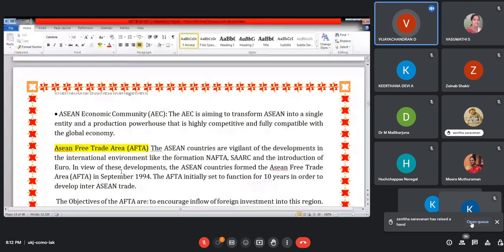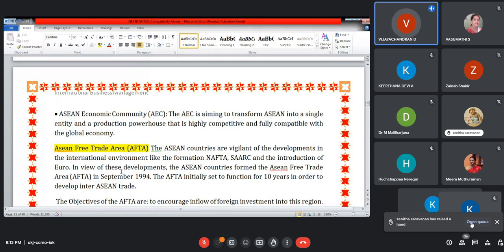What is that? ASEAN Economic Community, AEC. So what is the aim of the AEC? A single entity, a production powerhouse that is highly competitive and fully compatible with the global economy.